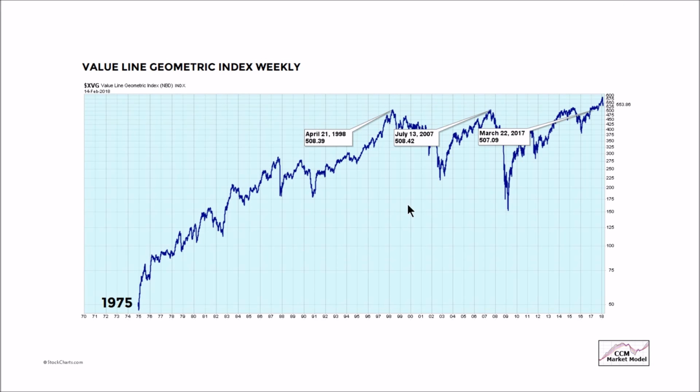The other example we showed last week, the Value Line Geometric Index, went absolutely nowhere between 1998 and 2017, and we have a bullish breakout for stocks telling us we have a change in perception relative to expectations about the economy and earnings growth in the future, as well as interest rates.